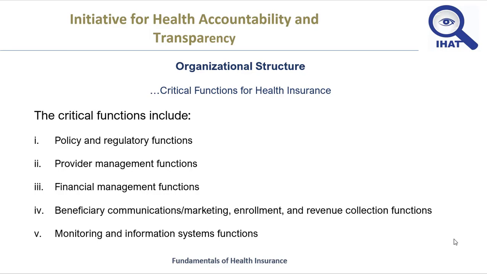Now, who carries out the policy and regulatory functions? Basically, in the public sector insurance, it is the legislative and executive branches of the government that work together to set broad policies for the insurance schemes regarding financing, population coverage, and management.